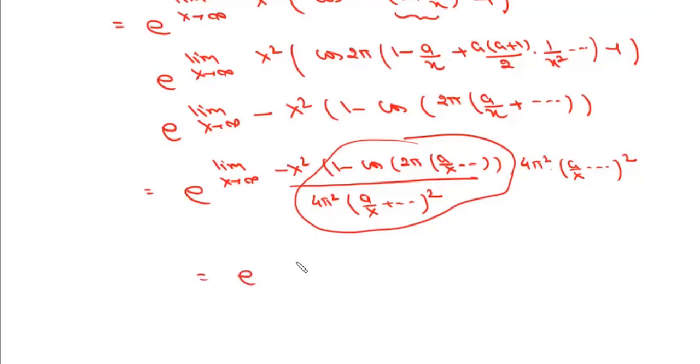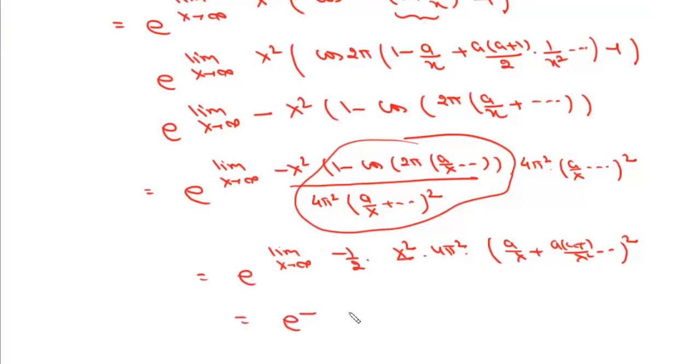So we can write this as e to the power, and then this limit: x tends to infinity minus 1 by 2 into x square into 4 pi square a upon x whole square. Now you multiply this x square, we'll get this a square. So it will be e to the power minus 2 pi square into a square, and that is the answer to this limit.